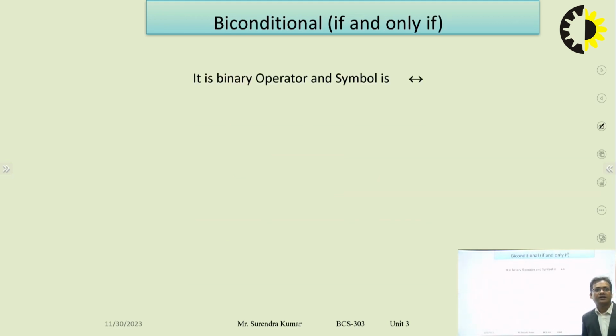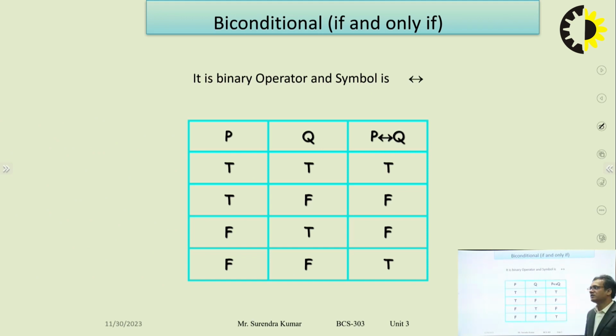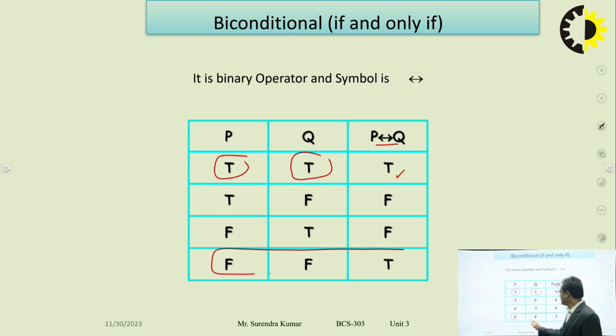Next, biconditional. Biconditional is the if and only if condition, right? So it is P double implies Q, and it is true when both the propositions are true or the same. It is the reverse of the previous XOR condition.